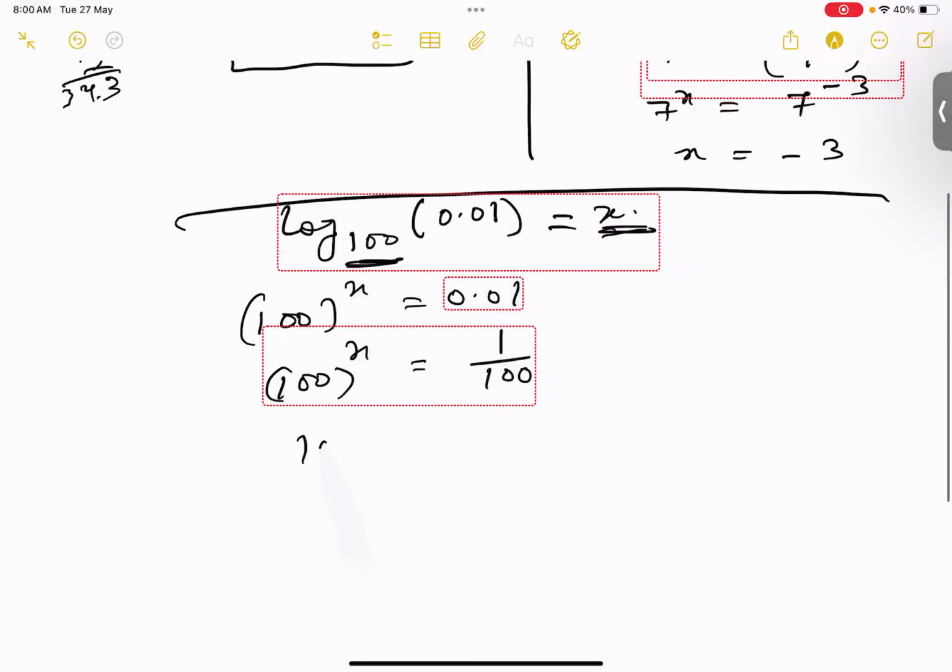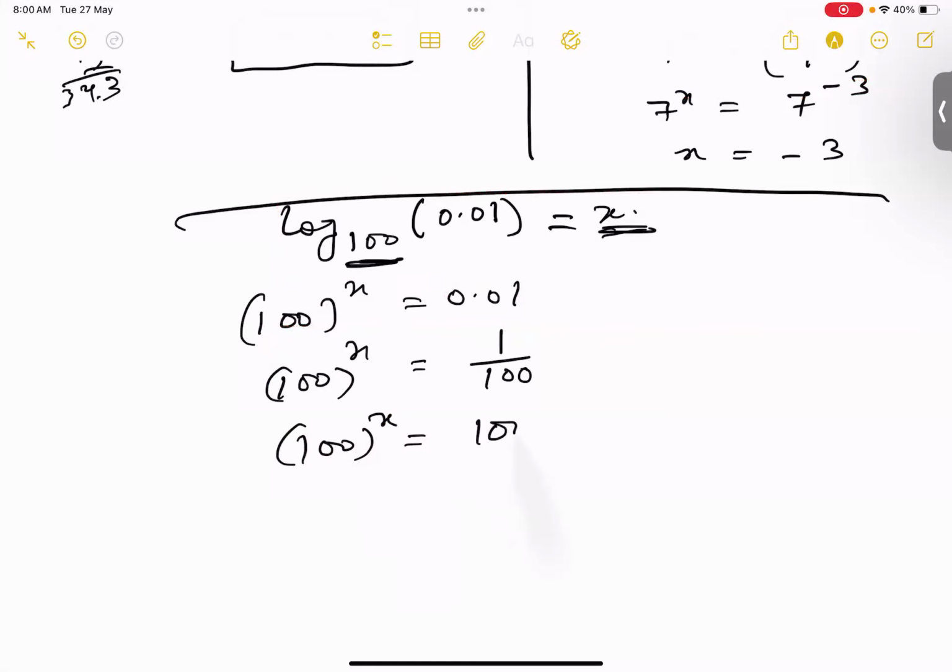So 100 to the power x is equal to 100 to the power minus 1. So what is x here? x is equal to -1. Clear?